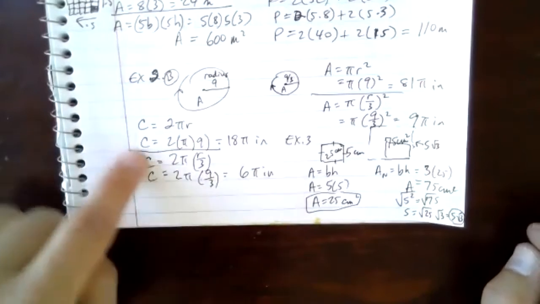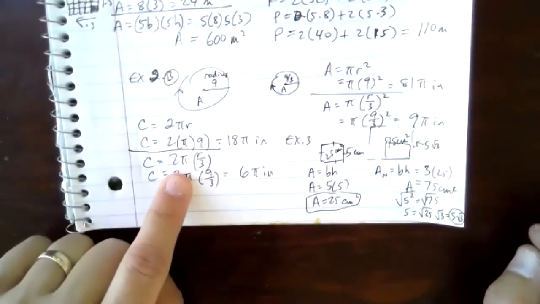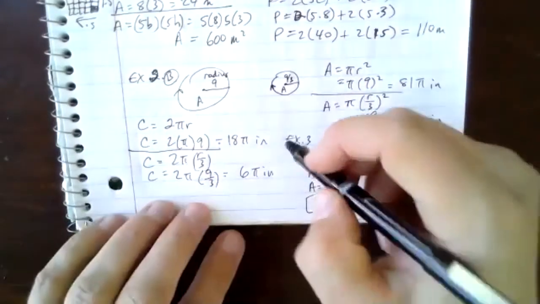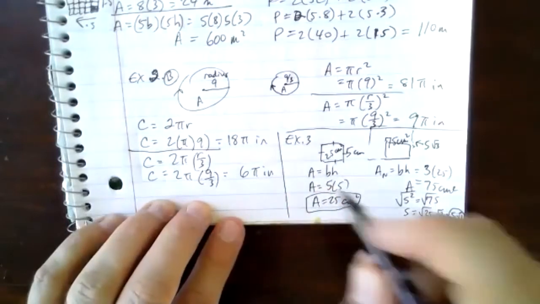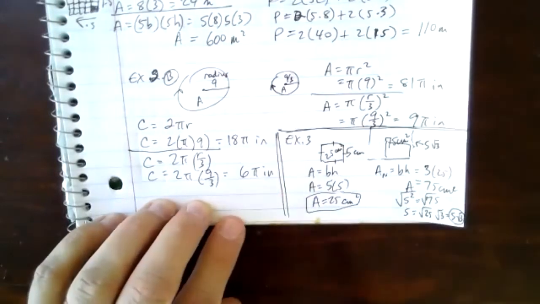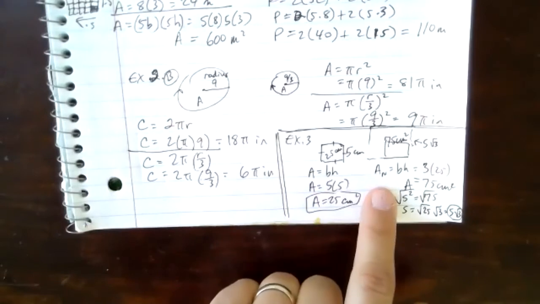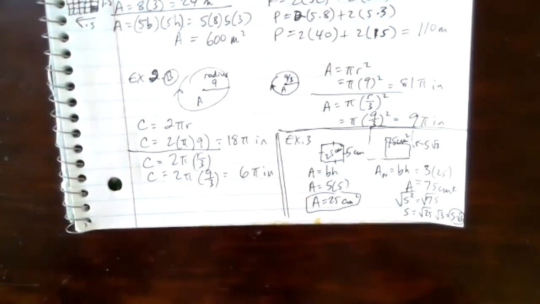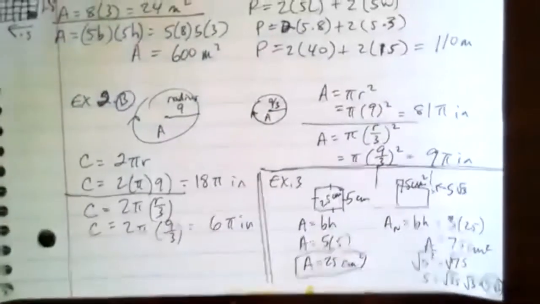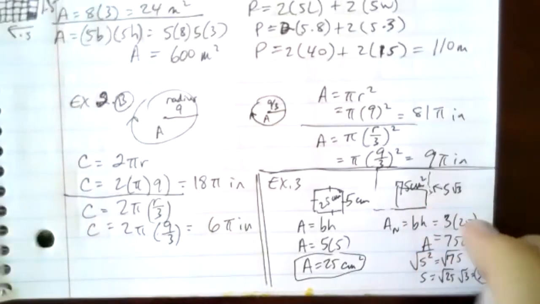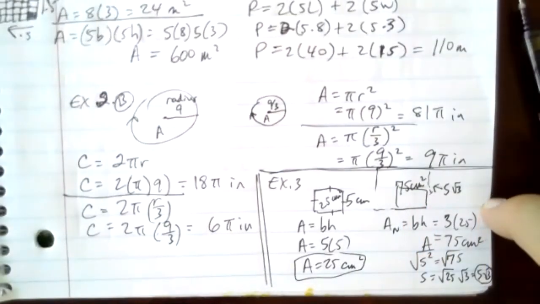So example 2 was talking about the circumference and the area. This needs to be blocked off. Actually, these are 2 separate problems here. So this little corner over here was example 3. All right, and we have a lot of detail in that example 3 in that little corner right there. Okay. So if you want, you can pause the video right there and rewrite that.